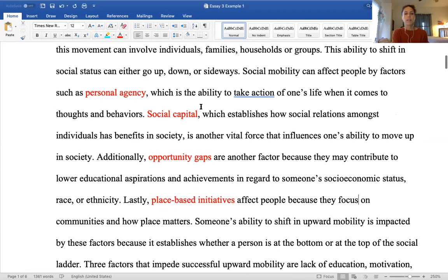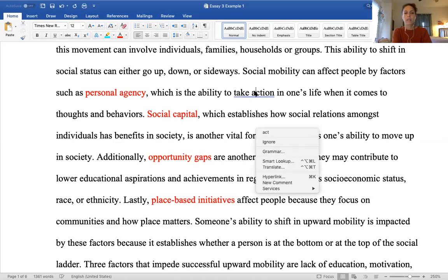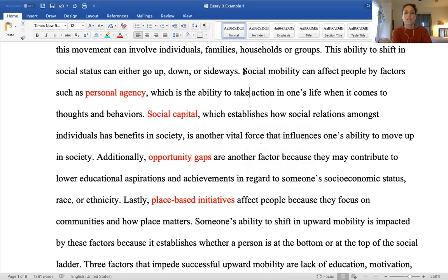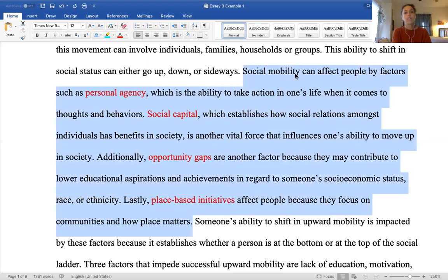So you guys can see, just ability to take action in one's life. Okay, so I'm going to ignore this. So you can see that we divided this from one sentence to 1, 2, 3, 4, and that is looking good.